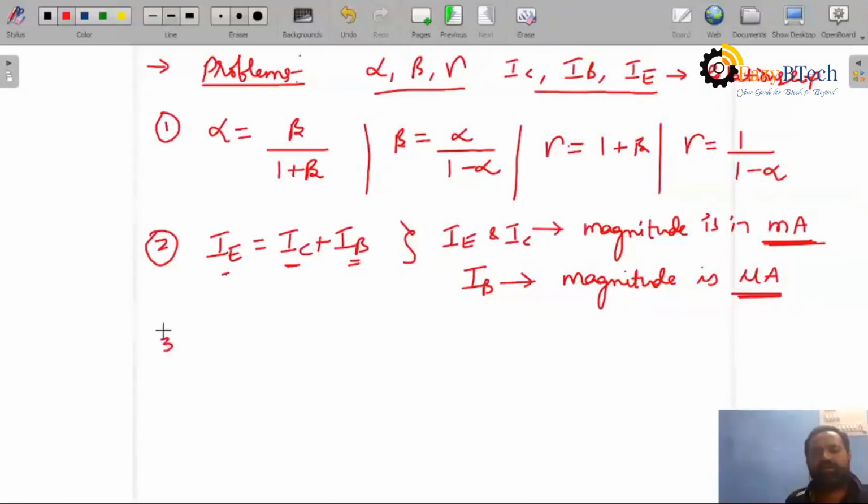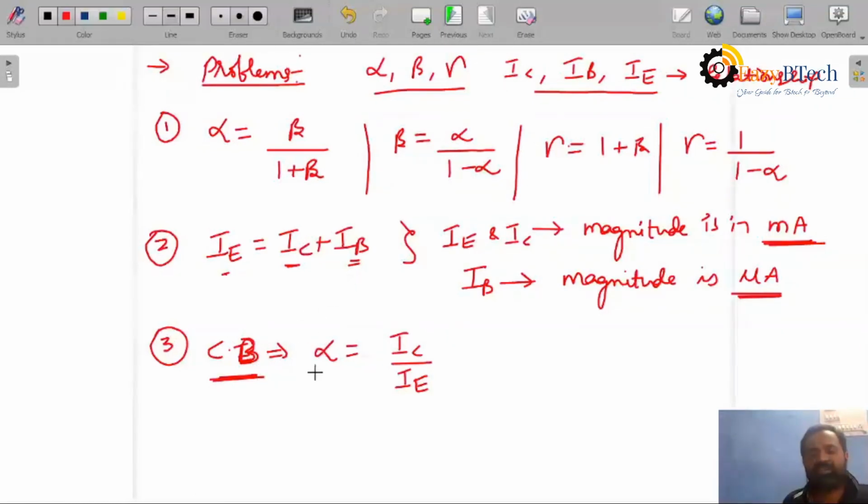For the common base configuration, alpha is equal to IC by IE, the large-signal DC current gain.